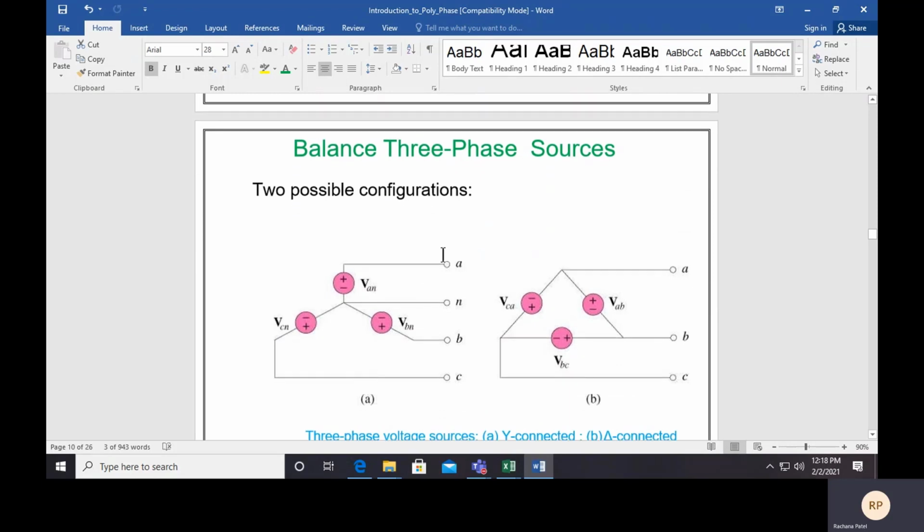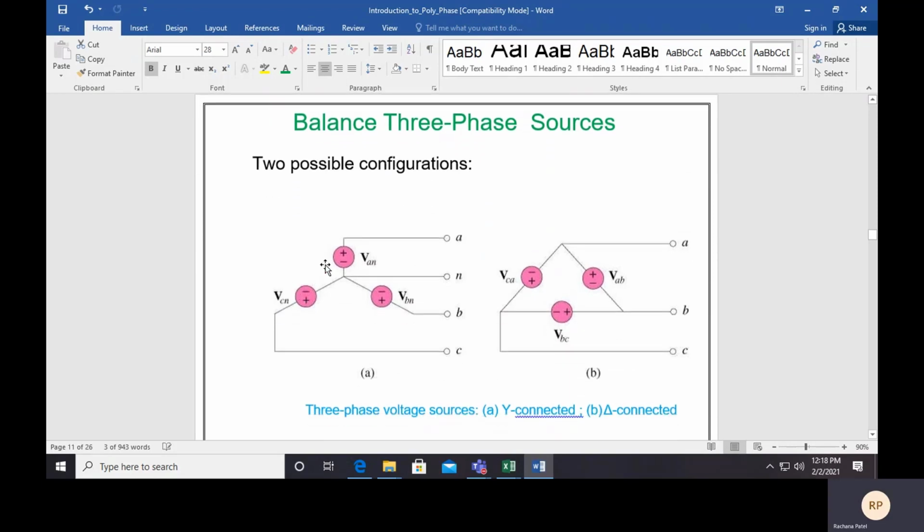Now let's talk about the balanced three-phase system. When we want to design a balanced system, it considers the source side as well as the load side. So this is about the source side. VAN, VBN, VCN are the phase voltages of the respective terminals A, B and C. We can also call them VRN, VYN and VBN.